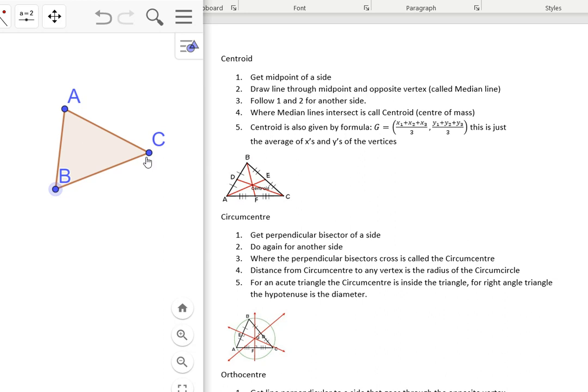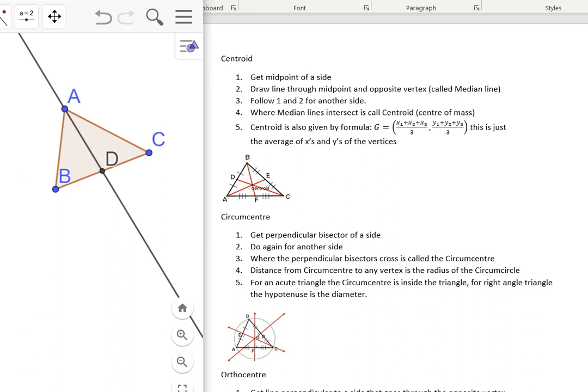So if I have my side BC of my triangle, the midpoint I'm going to call D, and we know how to construct the midpoint, and we also know how to find it algebraically. Then if I want to draw a line from the opposite vertex through D, this line here is called a median line.